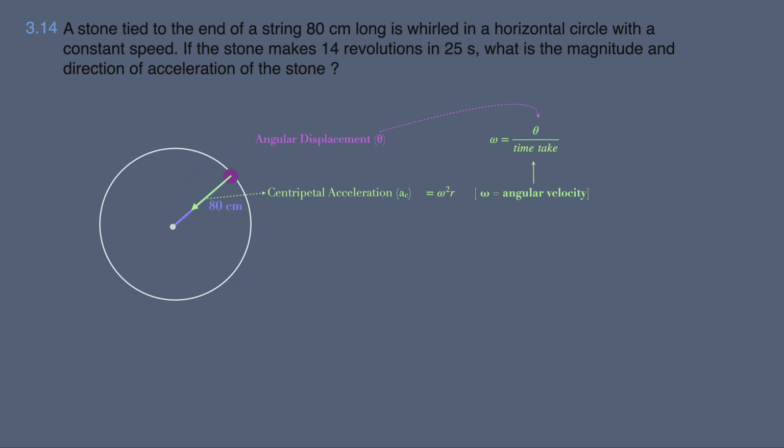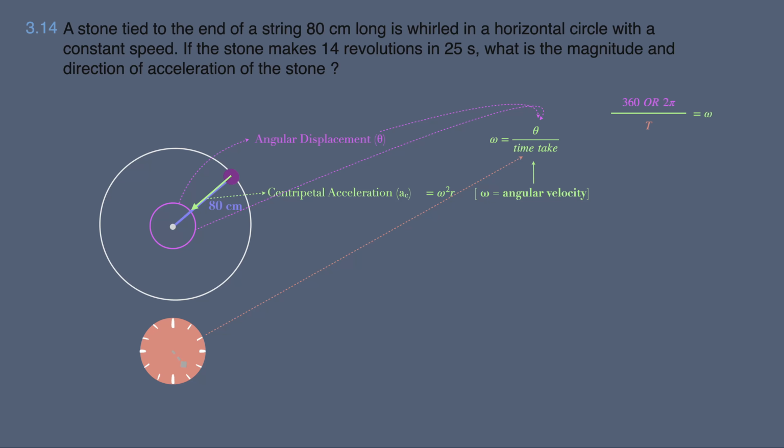Let's first consider one complete revolution. For one complete revolution, the angular displacement is 360 degrees, or 2 pi radians. And the time taken is t. If we divide them, we get omega, angular velocity.